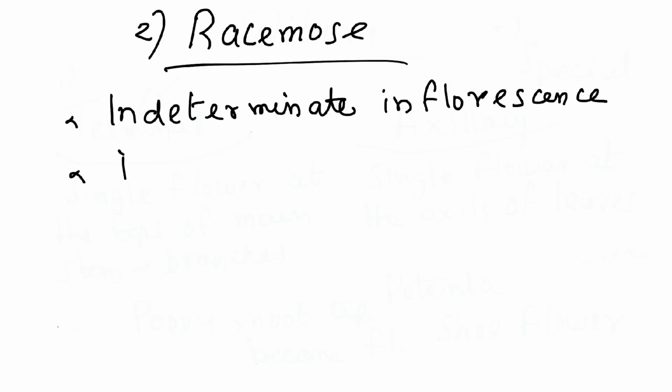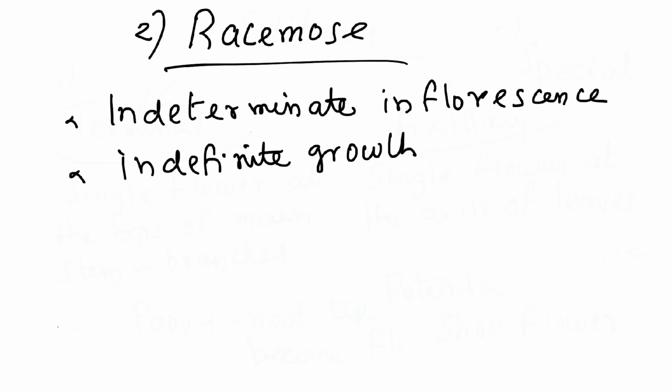The key general property of the racemose inflorescence is that it's an indeterminate inflorescence. What does it mean by that? It basically means that the part of the plant which is developing into the flower group is continuously growing.